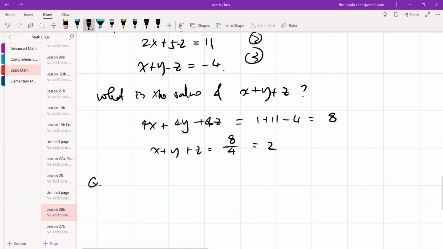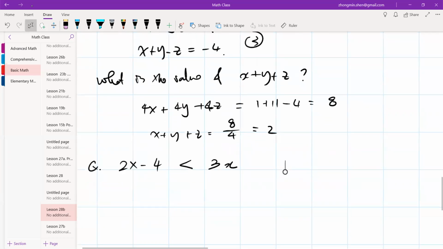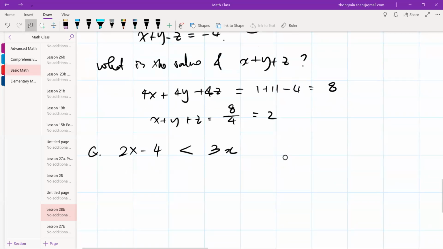So here, 2x minus 4 less than or equal to 3x. Solving an inequality is similar to solving an equality, but be careful when you divide an inequality by a negative number, you have to change the direction of the inequality. It's up to you whether you want to move 3x to the left or 2x to the right. Those are 2 different ways to do it.